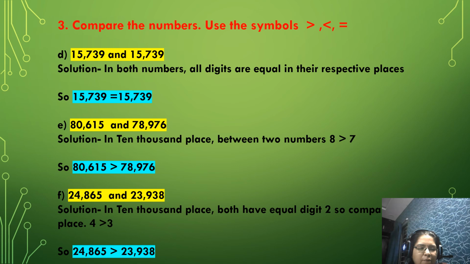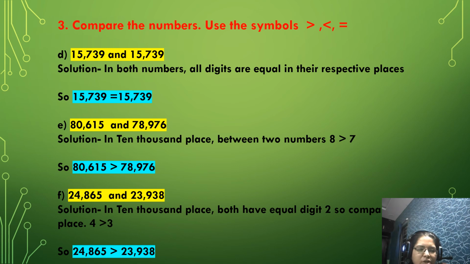In both, 5 is in the 1000 place, 7 is in the 100 place, 3 is in the tens place, and 9 is in the ones place. So all digits are equal in their respective places.